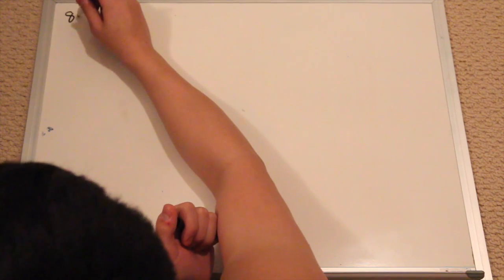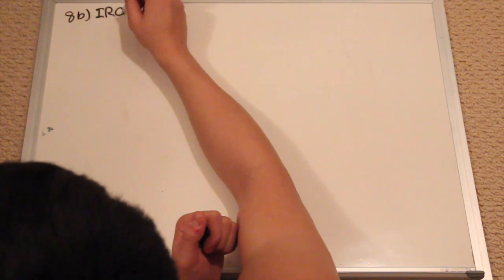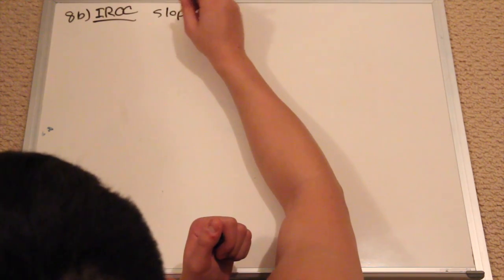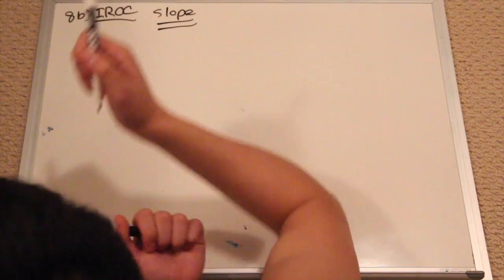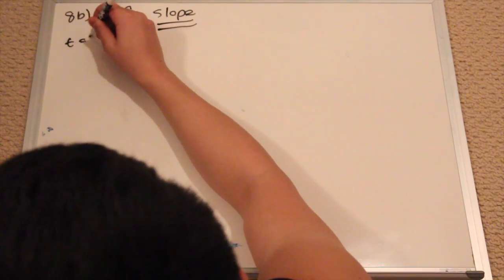Alright guys, so for part B of the question, it's a little bit different because this time we are trying to find the instantaneous rate of change, also known as IROC. It's still slope, but it's kind of modified in a way that you only use one point, which is t equals 2.